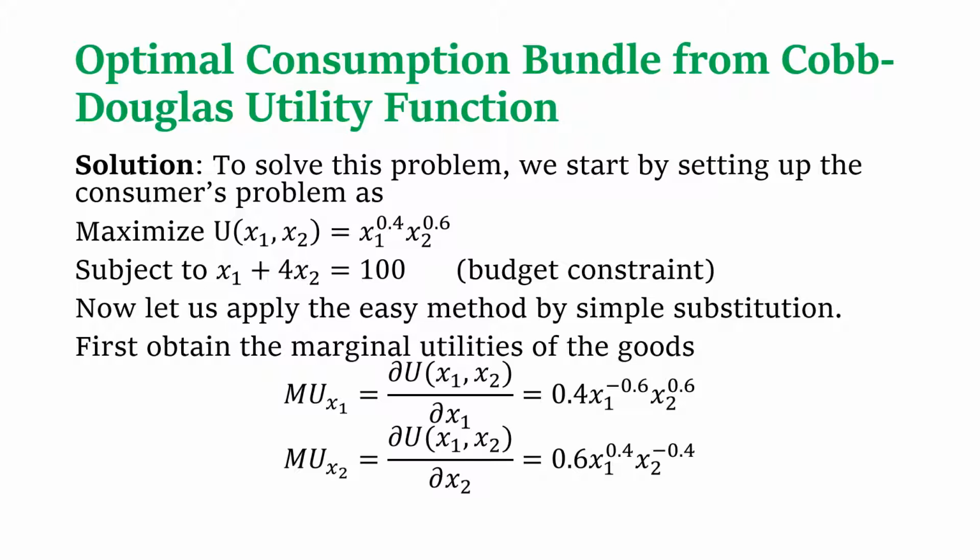So now we have the marginal utilities. We know the price of good 1, which is $1. We know the price of good 2, which is $4. So it is easy to find. Now let us use the equimarginal principle here. What is that principle? The marginal utility per dollar spent on good 1 equals the marginal utility per dollar spent on good 2.